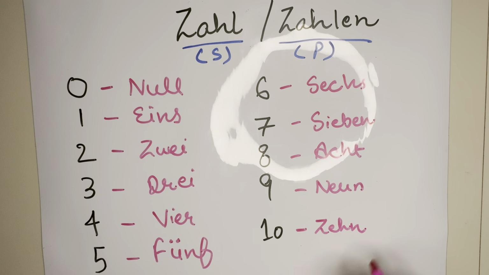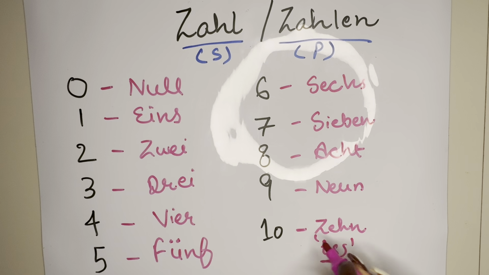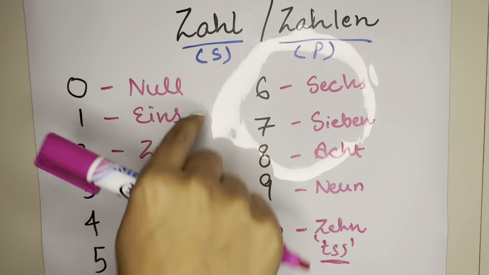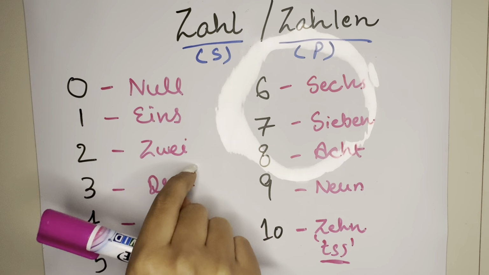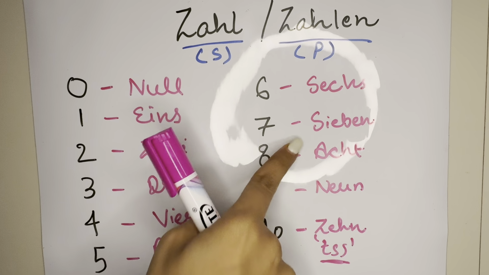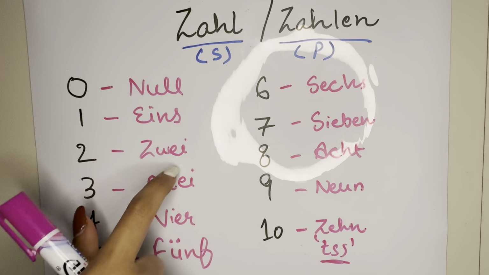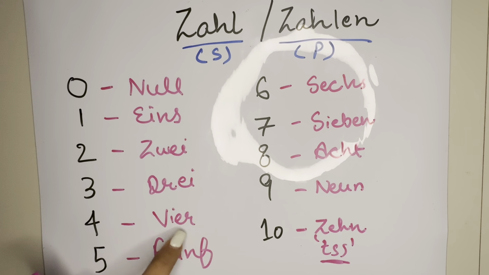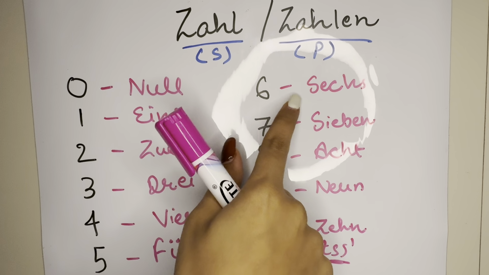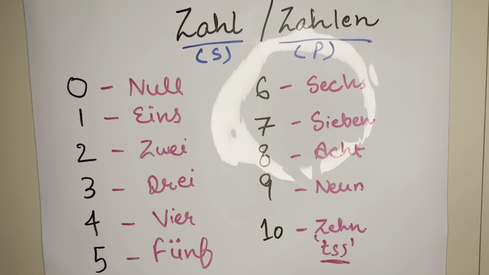So z has a bit of a ts sound in it. That's why it's pronounced zehn. So we have null, eins, zwei, drei, vier, fünf, sechs, sieben, acht, neun, zehn. Once again, null, eins, zwei, drei, vier, fünf, sechs, sieben, acht, neun, zehn.